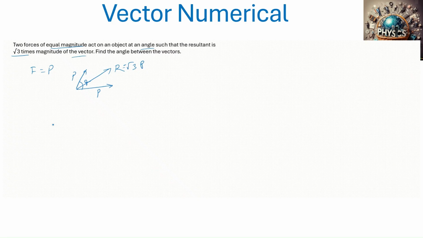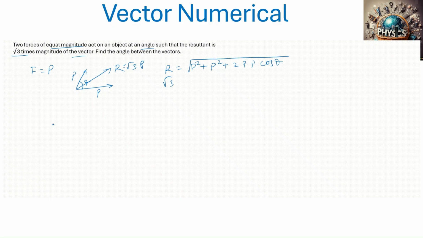As we know from the parallelogram law of vector addition, the resultant is the square root of P square, the first vector, plus P square, the second vector, plus 2 into P into P into cos theta. We don't know the theta here, right?